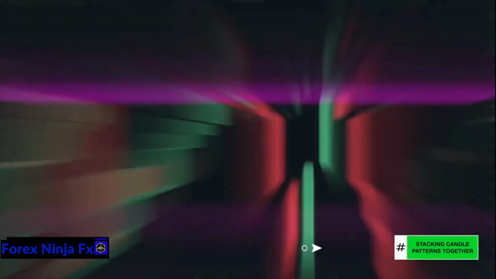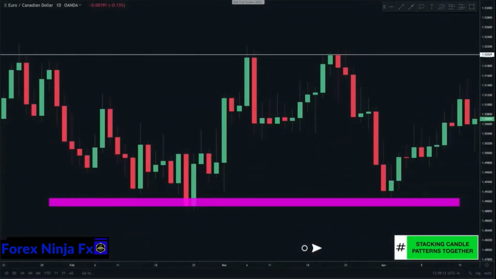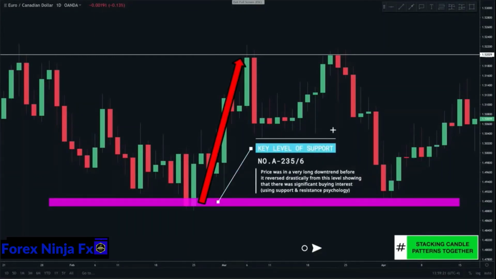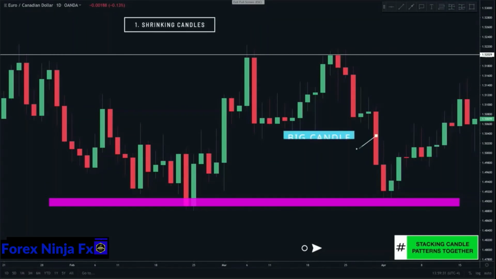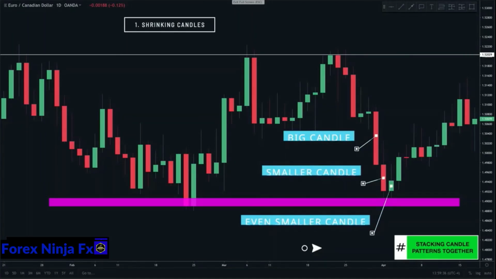So moving on. Here's the Euro CAD, and again we look left and noticed that price was in a heavy downtrend, before finally there was a significant reversal that occurred, which signals to us that this is a key level. Now, as price came back down to this level, what price action candlestick patterns did we have? First, we had momentum loss through shrinking candles, as we had a big candle, a smaller candle, and then an even smaller candle.